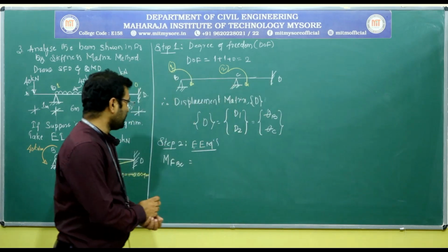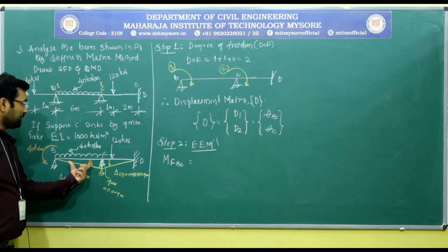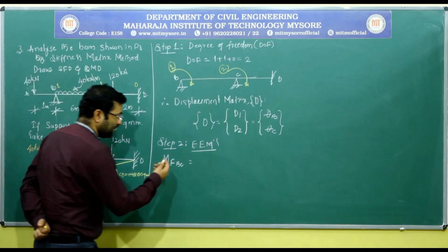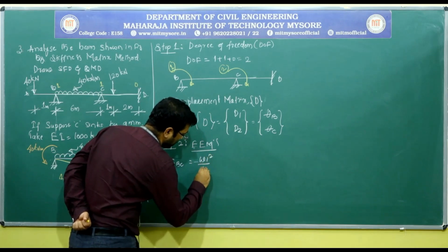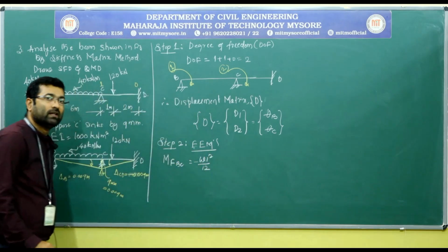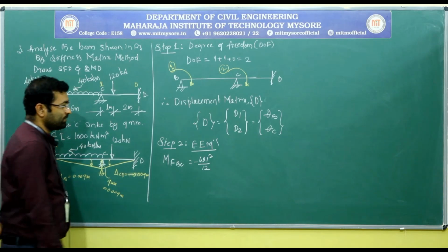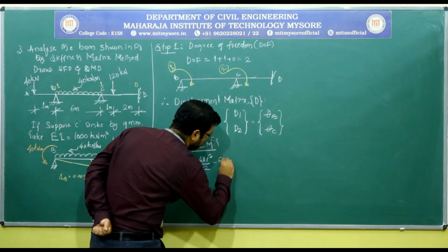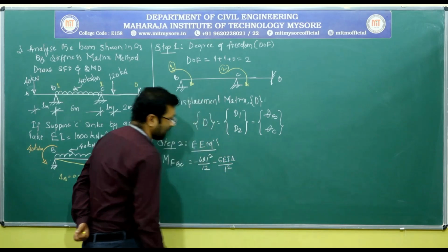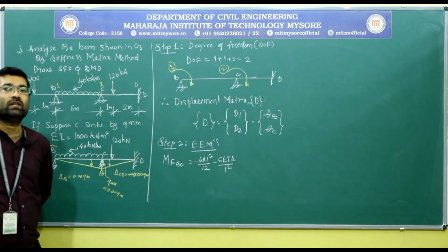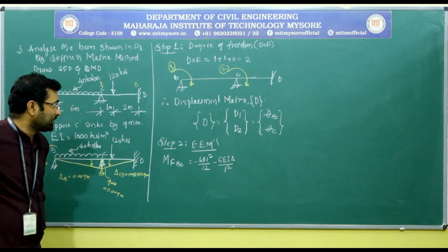Now due to the external load as UDL, the fixed end moment is WL square by 12, minus 6 EI delta by L square. The first term is due to the external load and the second is due to the sinking effect.